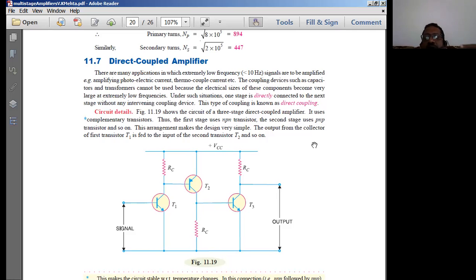If you are able to do the analysis, this subject is going to be a 100% scoring subject, because the analysis is mechanical in nature. Mechanical means it is something like opening the screw and closing the screw kind of operation. That means the procedure is fixed. You should understand the procedure. Once you know the procedure and practice it, the procedure remains the same. The examiner cannot ask any question other than that.